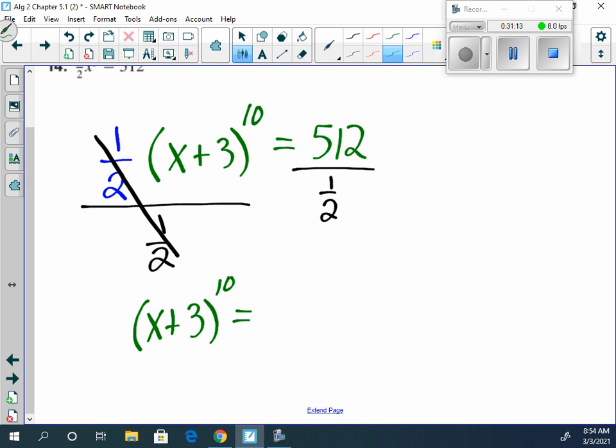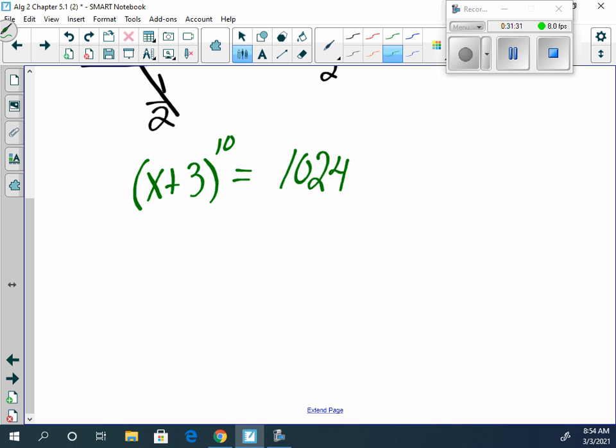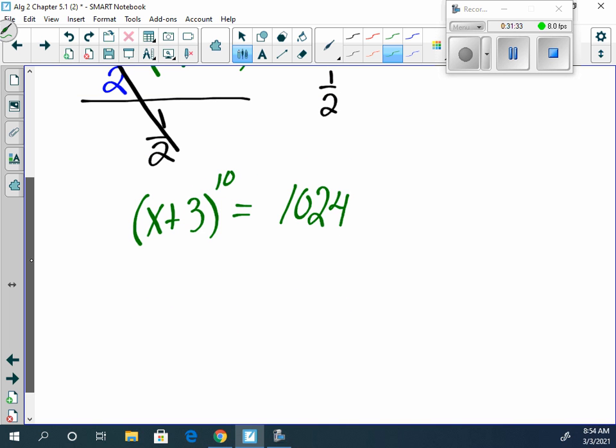Now, 512 divided by 1/2 is 1024. So it'd be the same as if we multiplied it by 2.